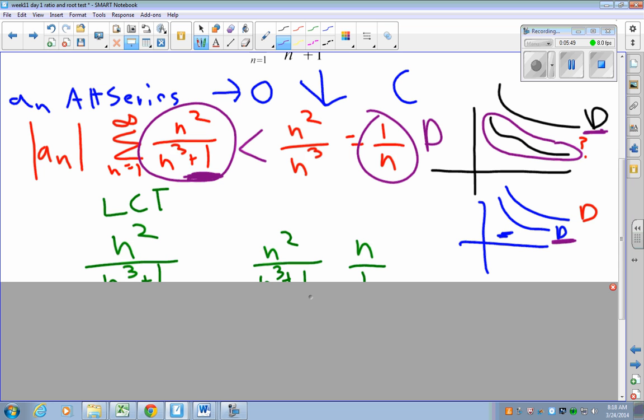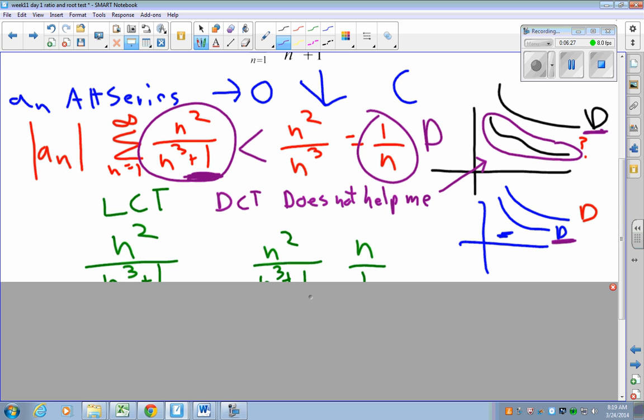So the direct comparison test doesn't help me, because now I'm stuck here where I capped it with a divergent series, the 1 over n, and I have something below it, and I don't know if it is convergent or divergent. So instead of the direct comparison test, and I think I've mentioned this a week ago, a lot of times it's nice just to go directly to the limit comparison test, and then you don't have to worry about, hey, which picture did I use here?